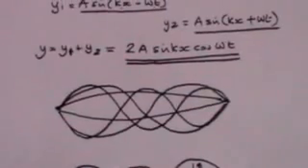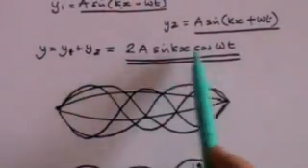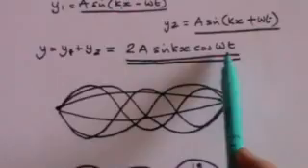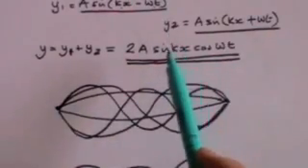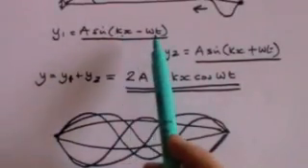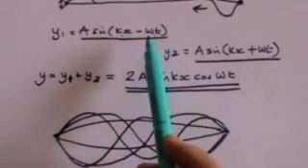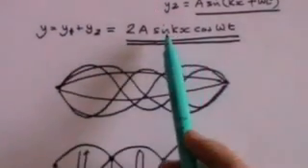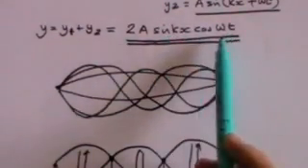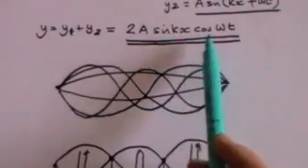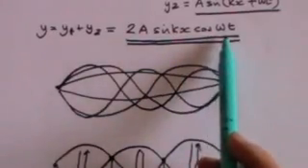If we look again at our formula for a standing wave, you'll see that you no longer have a kx minus omega t term. And it was the kx minus omega t that gave you the travelling wave. Well, there isn't a kx minus omega t anymore. This is just a sine kx times a cosine of omega t.